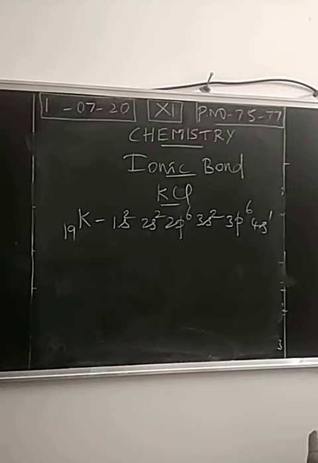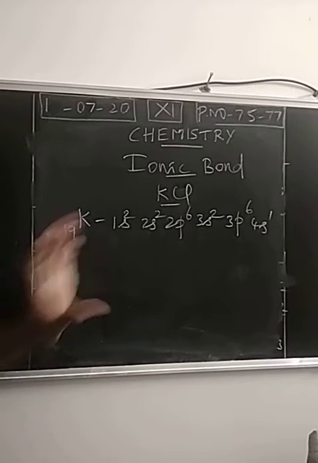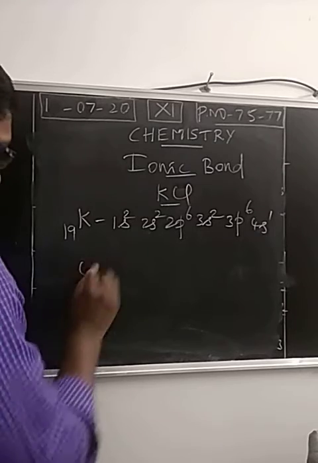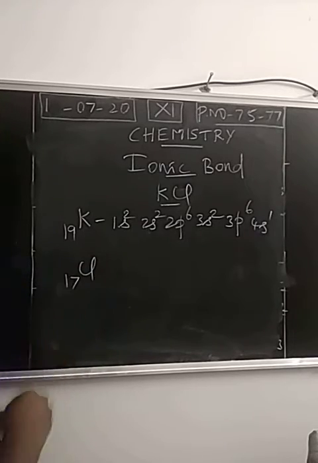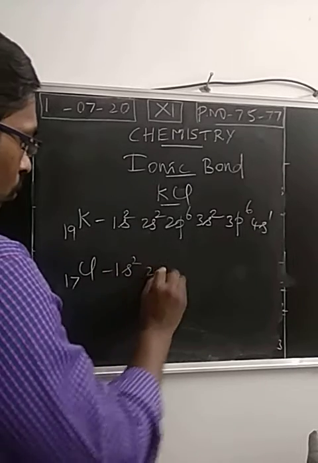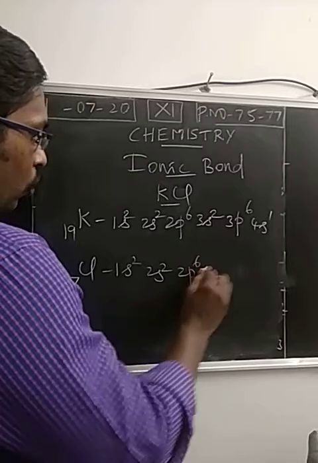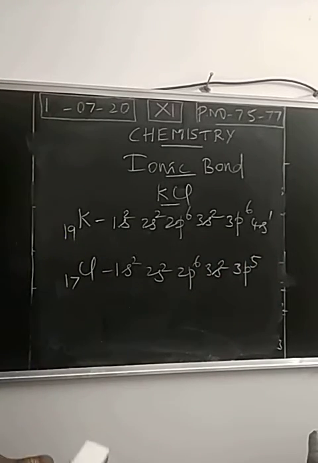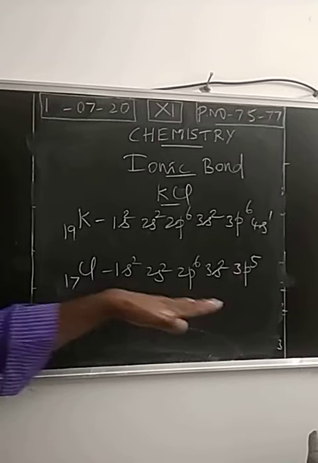This is the arrangement of electrons in the orbitals. From the electronic configuration we know that potassium is unstable, as it does not have a completely filled configuration. At the same time, consider chlorine, atomic number 17: 1s2, 2s2, 2p6, 3s2, 3p5. 17 electrons are placed in the orbitals.